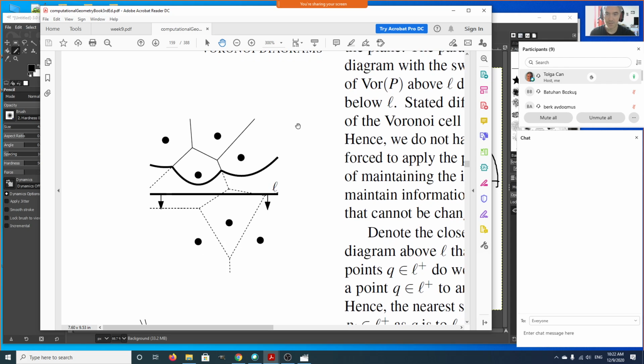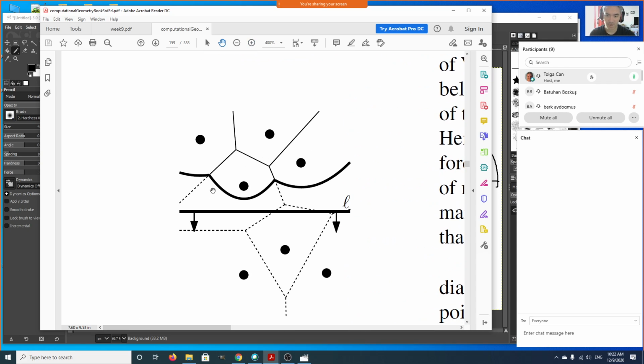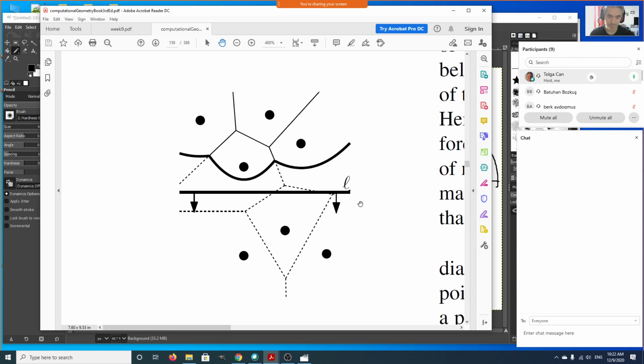This figure is talking about how with a sweep line we can compute the Voronoi diagram. But usually in a plane sweep algorithm, everything above the sweep line, as we are moving downwards, is known. Above the sweep line, we know everything about the problem, and below the sweep line, we haven't yet processed any event points, and we don't know anything.